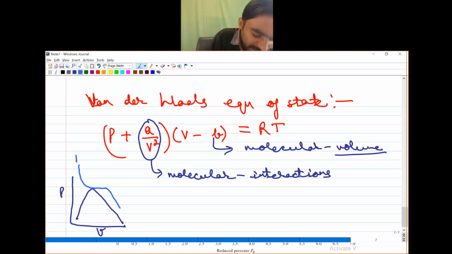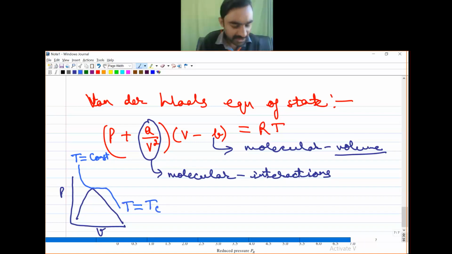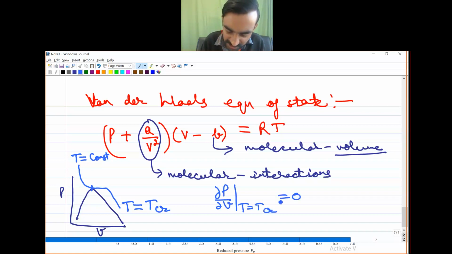So if I represent this as my constant temperature line, and obviously this constant temperature line passes through the critical temperature, so this temperature will be equal to T critical. Okay, so corresponding to this critical point, I can clearly write that the slope del P by del V at T equal to T critical will be 0.